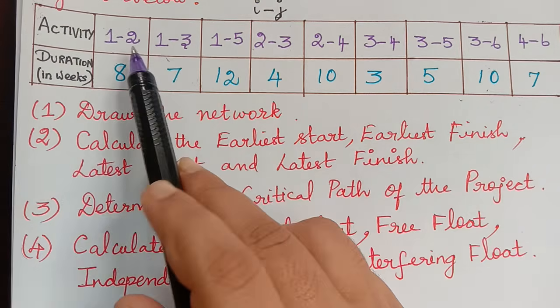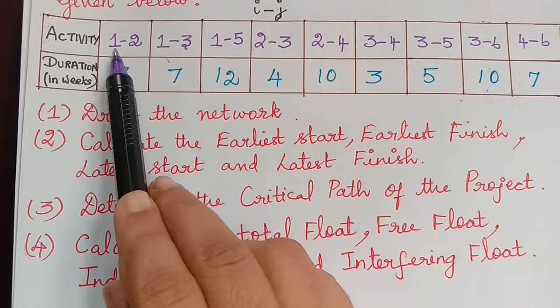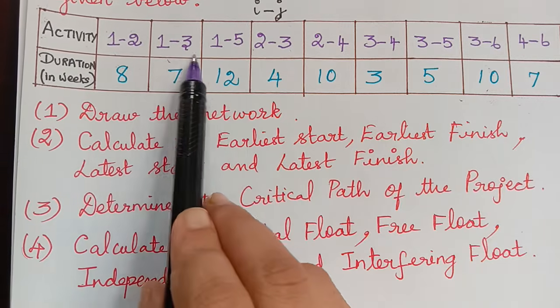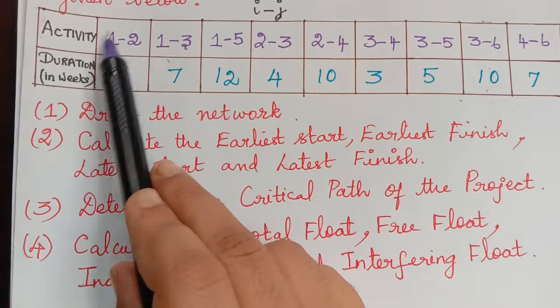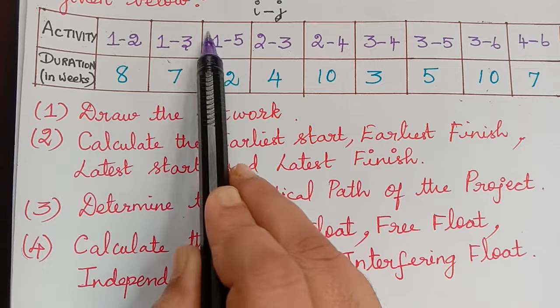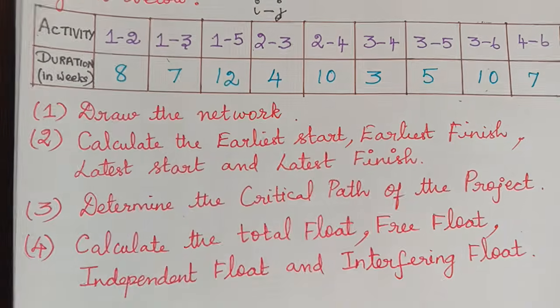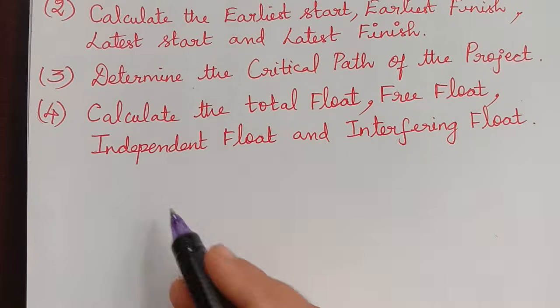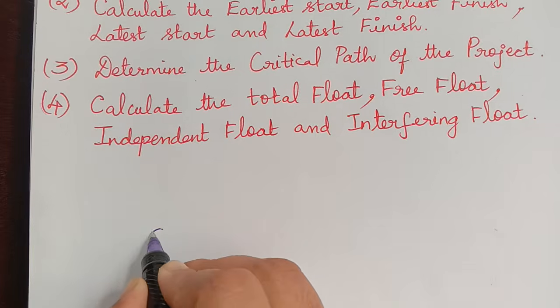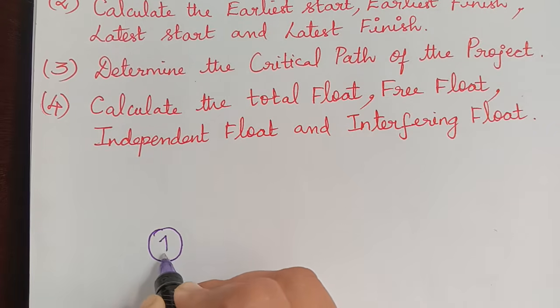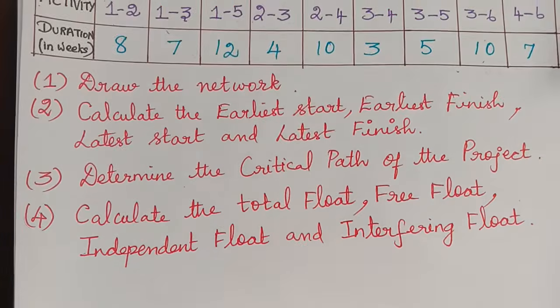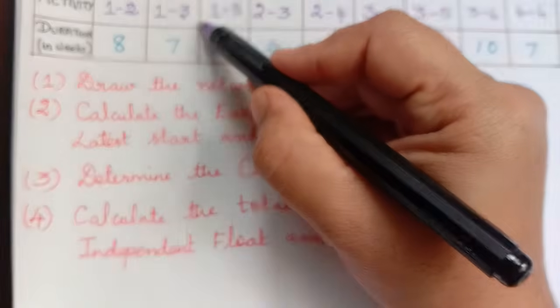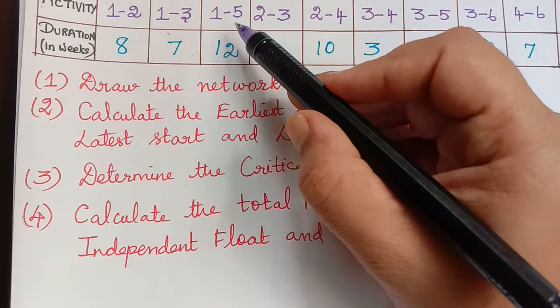So now let us draw the network diagram. These 3 parallel activities we will draw first. The initial node we will take as 1. From that we have 1 to 2, 1 to 3 and 1 to 5. So let us draw that.